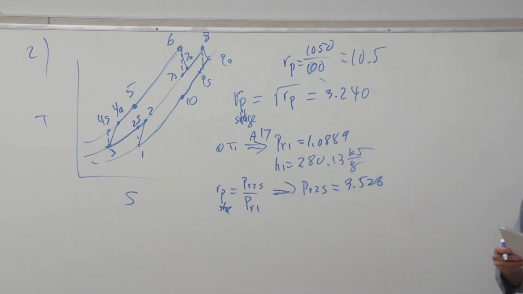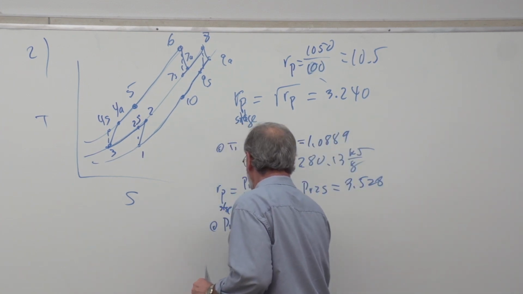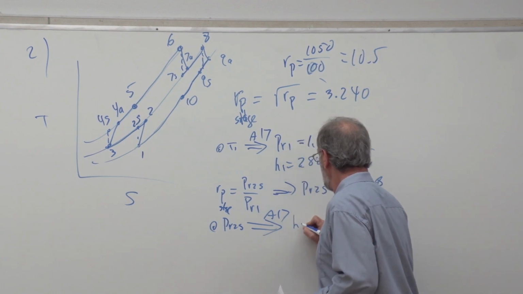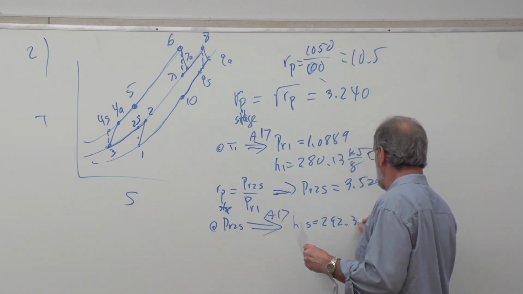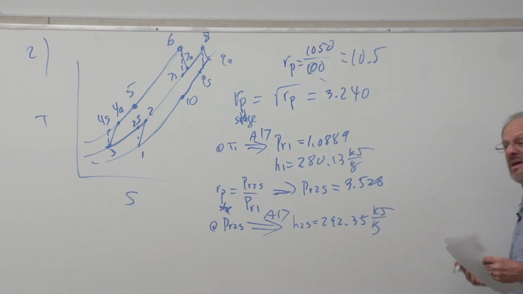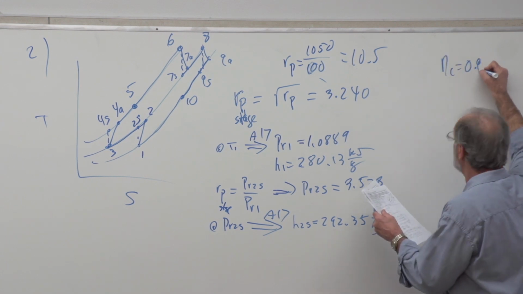Now that we have this, we can go into our table. So at PR2s, back into the air tables, and we can get the enthalpy at 2s, which is 292.35 kilojoules per kilogram. And now we have to use the compressor's isentropic efficiency.